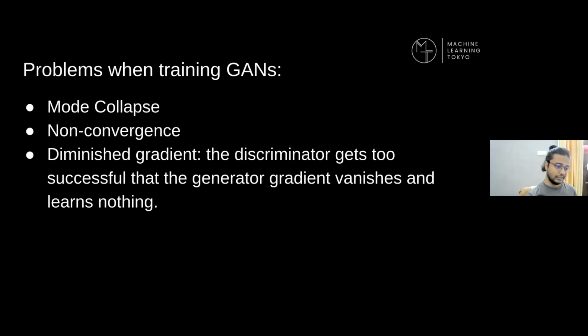It can also happen the other way around. The discriminator is able to perfectly judge the generator, and of course it isn't able to give much chance for the generator to improve.